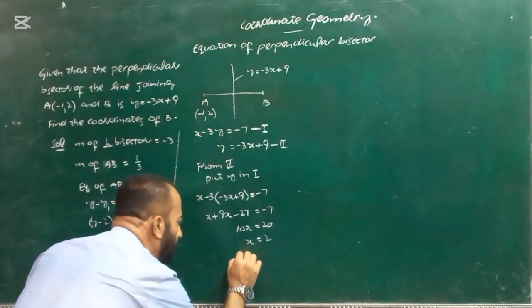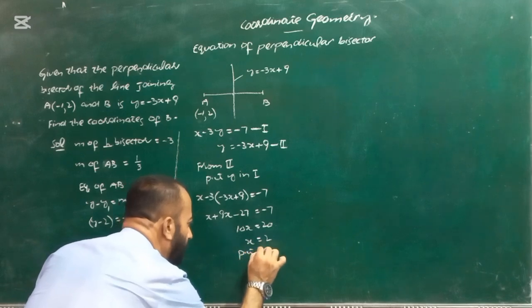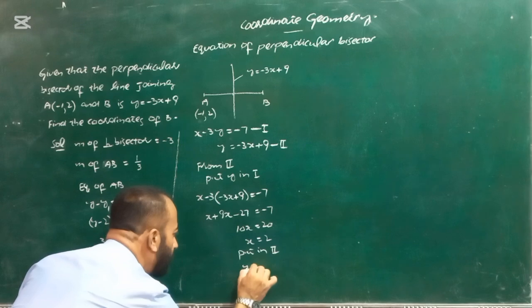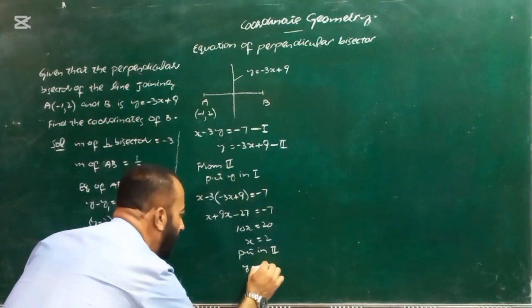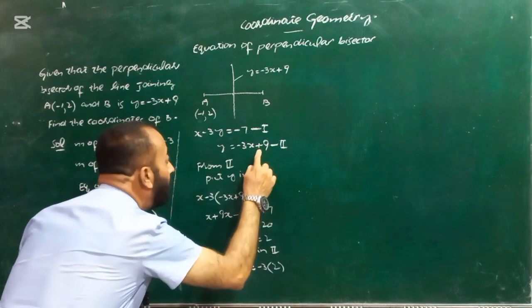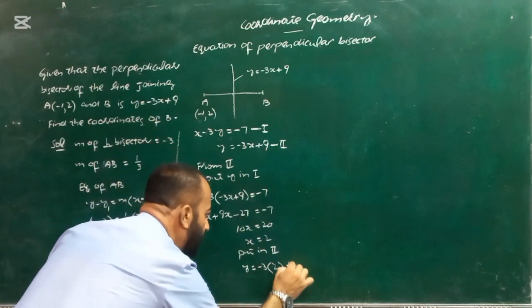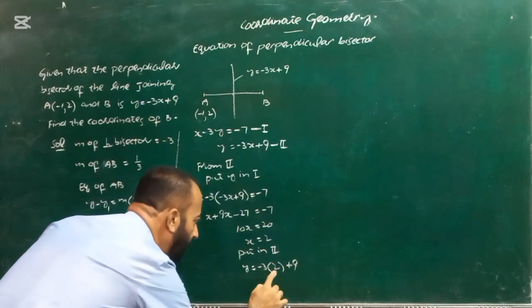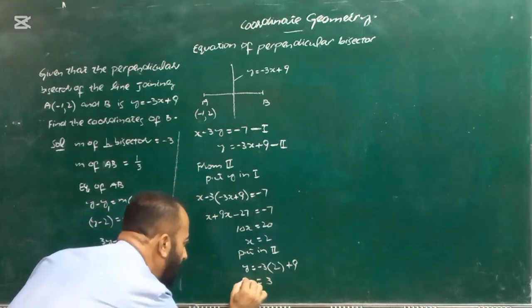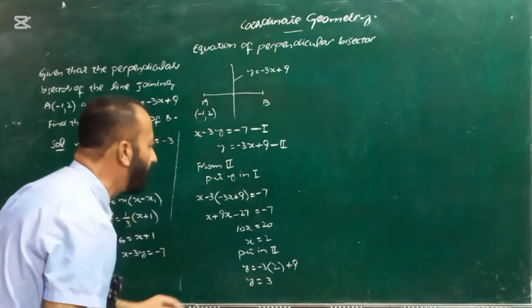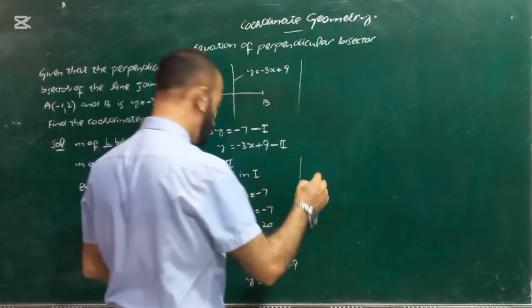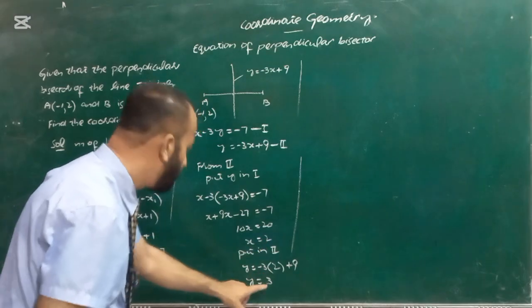So y will be equal to minus 3x, so minus 3, x is 2, and plus 9 will remain as it is. So minus 6 plus 9 will be 3. So this is the value of y. So it means the point is (2, 3).